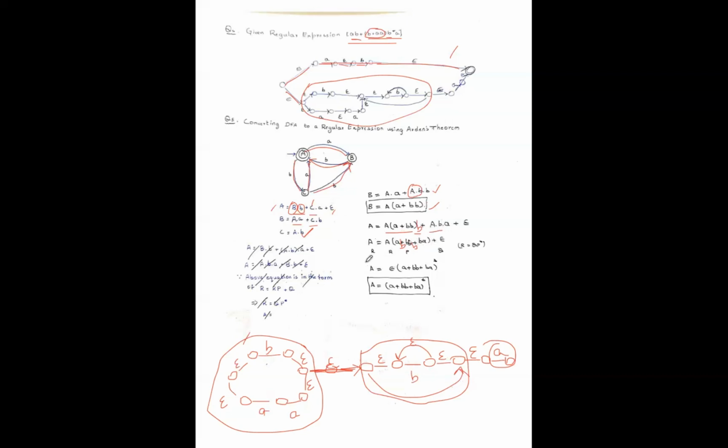So this is in the form of R equal to RP plus Q. So this A is R and this complete term becomes P and we have epsilon. So it can be written as R equal to QP star. So what is Q?